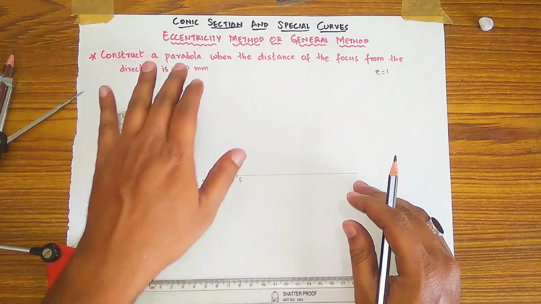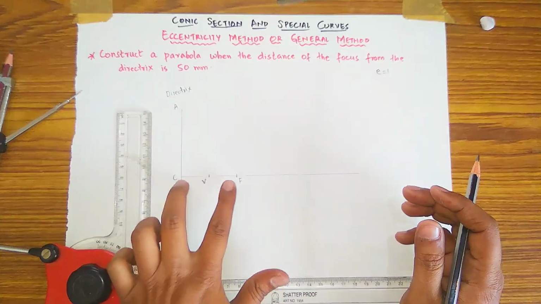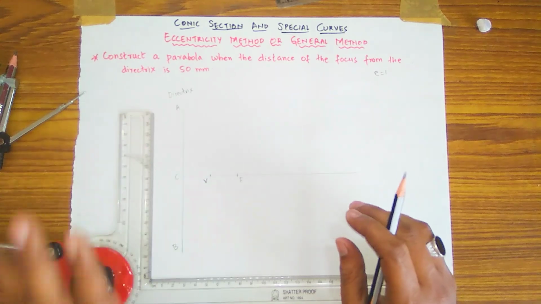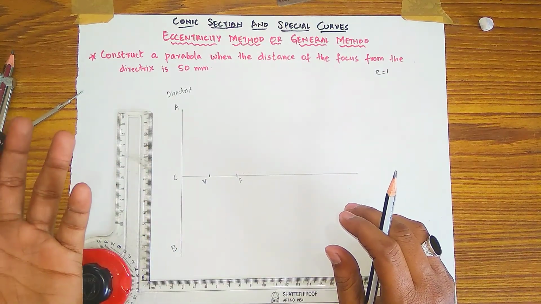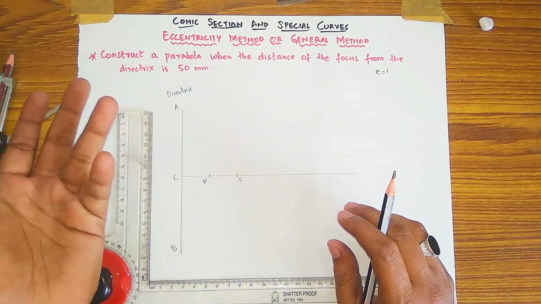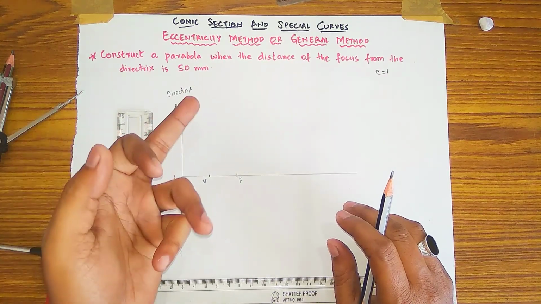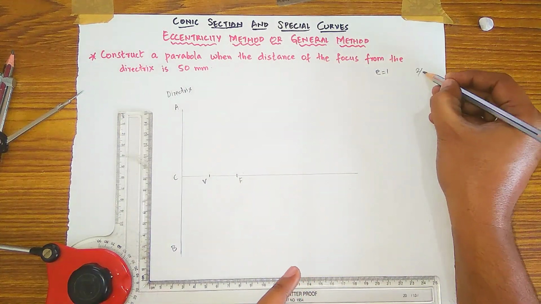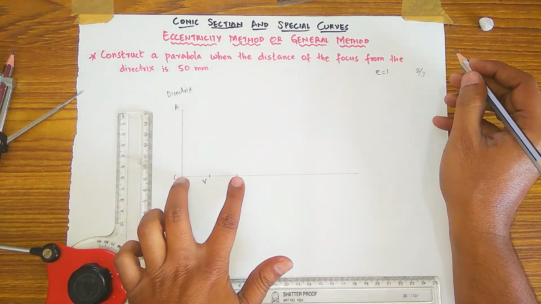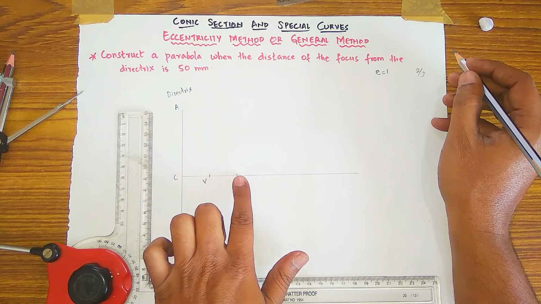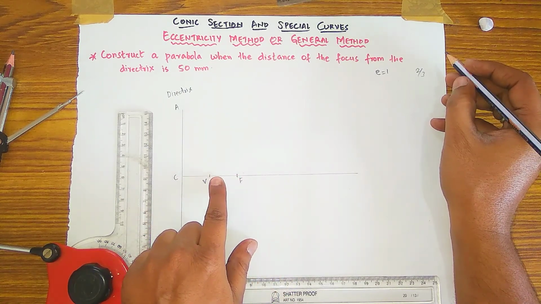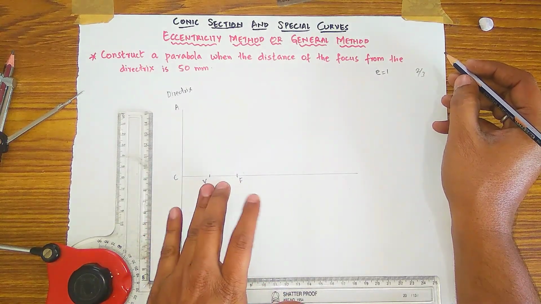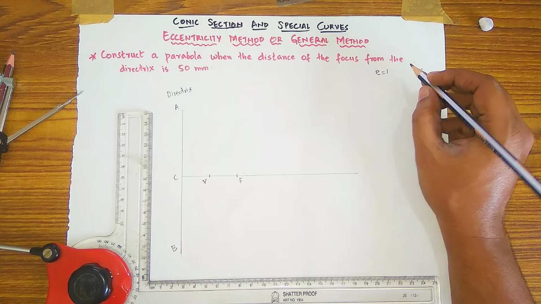Because for the parabola eccentricity is 1, you take half the distance. In my previous ellipse problem, the eccentricity was given as 2 by 3, so you divided that 50 mm into 5 equal parts and took 2 parts from the focus. In this parabola you take only half, because eccentricity is 1.